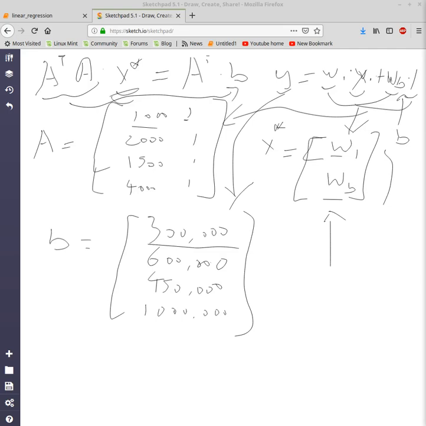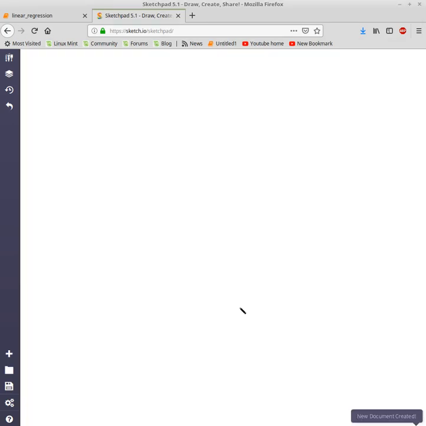So we can set up the equation as we saw before. Y equals W1 X1 plus WB times 1, like we see here. We want to find W1 and WB that will give the best fit for the line. Let's write another one for this line again.